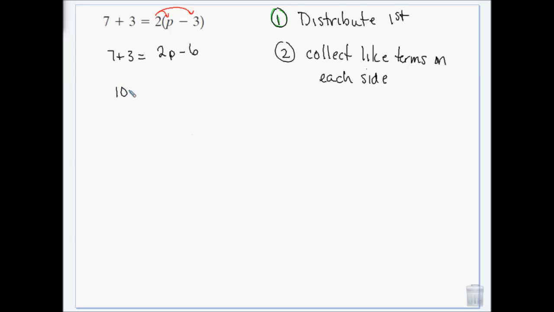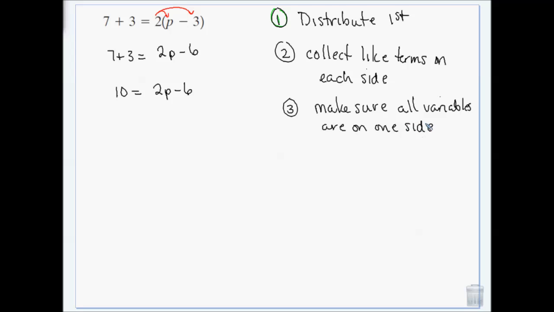So I get 10 on this side is 2p minus 6. Then if I have variables on two sides, I would move one of them. Right. So I'm just going to write that as a step. Make sure all your variables are on one side, which they are. I only have p's here on this one side.